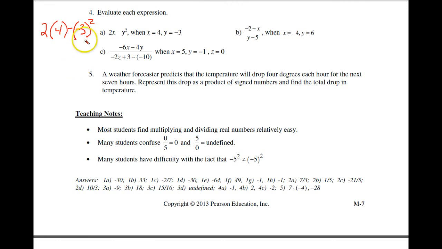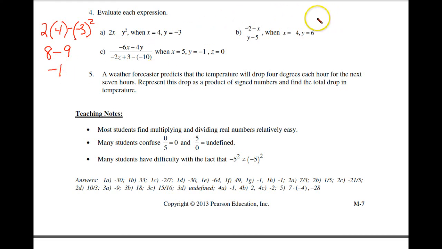Okay? In fact, let's just stay on this one. So 2 times 4, that's going to be 8, minus, now a -3 squared is going to give you a -3 times -3, a +9. And then that negative sign applies and we get a -1 for an answer.